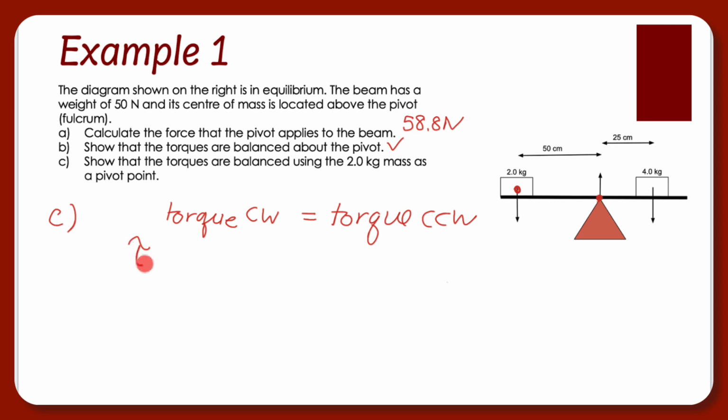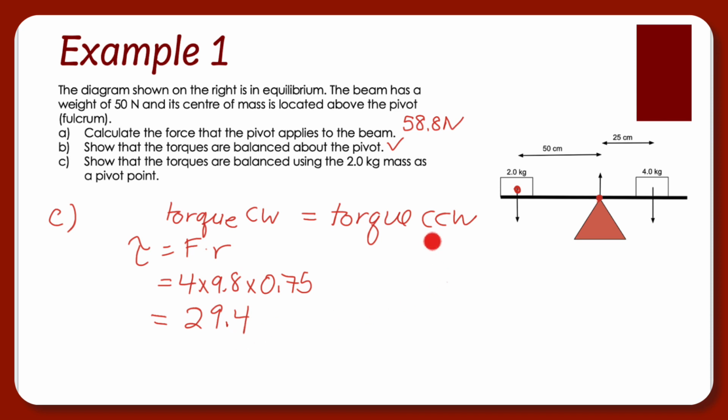So the torque will be the weight times the radius. In this case, the weight is still 4 times 9.8. And the radius in this case is going to be 75 centimeters from our pivot point, 0.75. Picking up my calculator, that gives me 29.4.